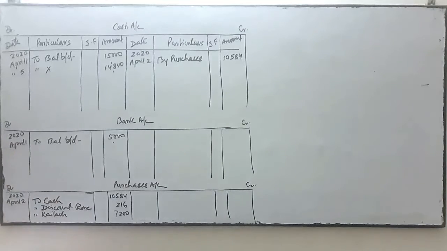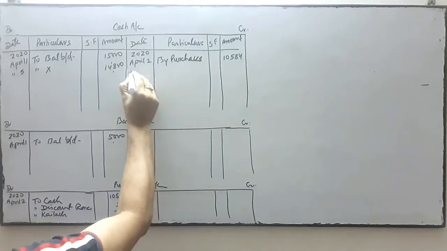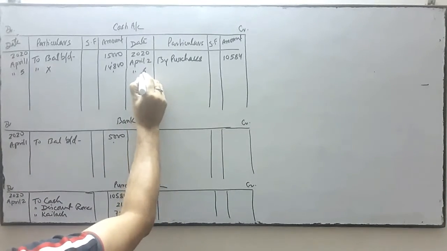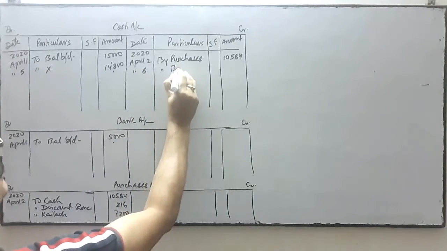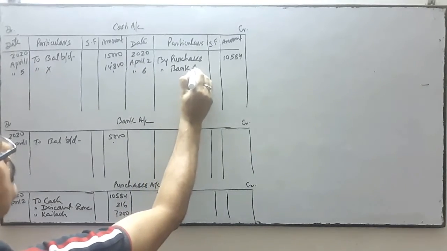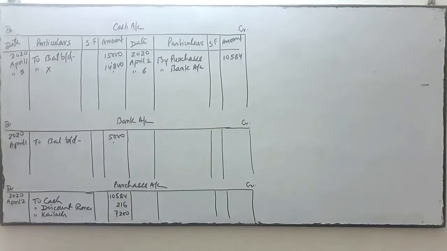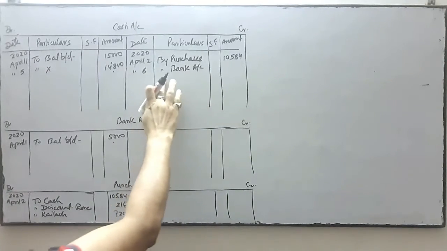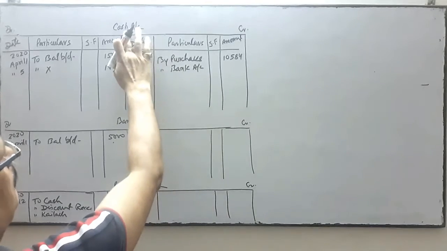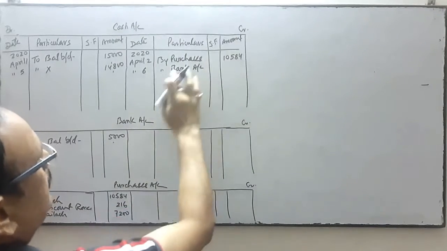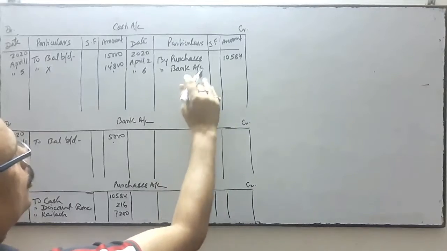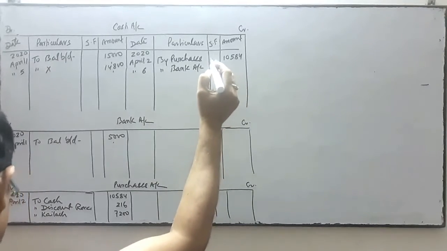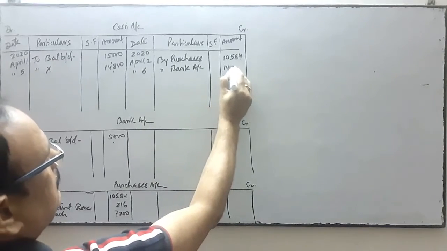Now cash is on credit. So on the credit side, April 6, we will write the opposite side, which is bank. Opposite side of cash is which account? Bank account. Cash is on credit, opposite side on debit is bank. So on the credit side, start with by, opposite account is bank, and the amount is 10,000.